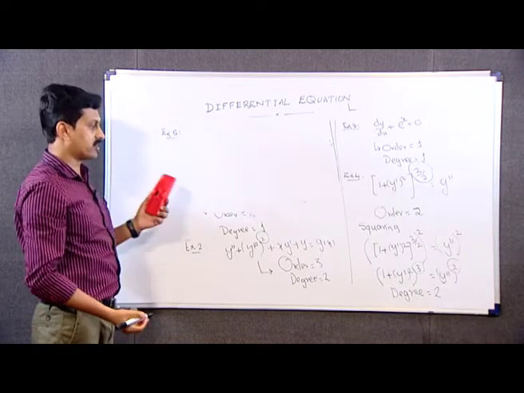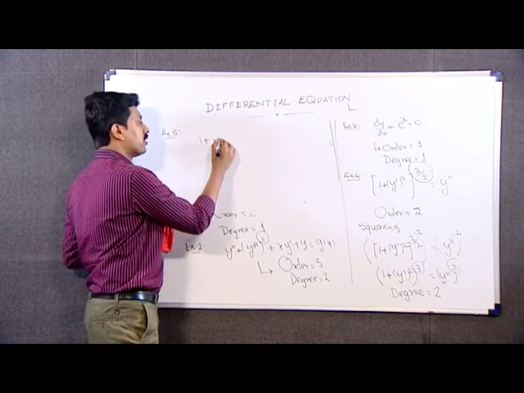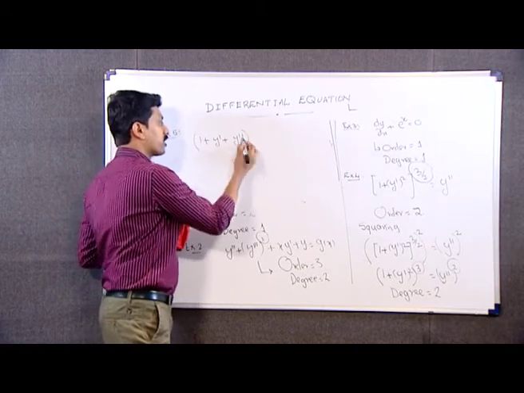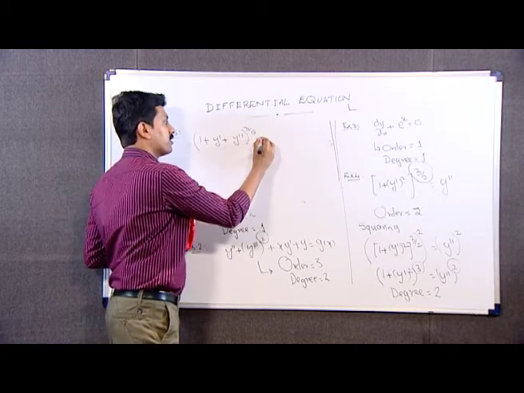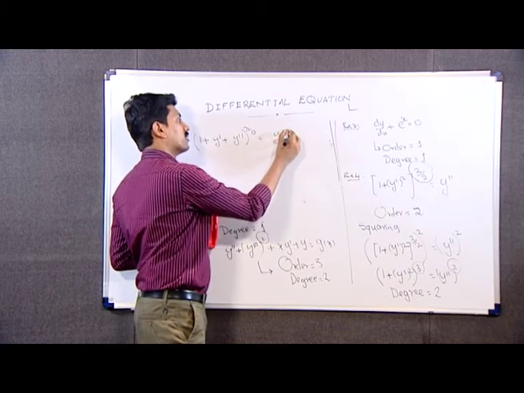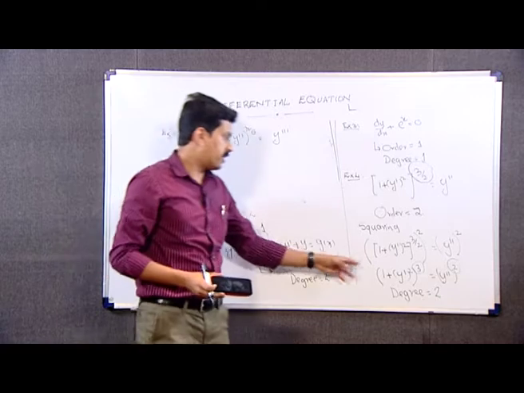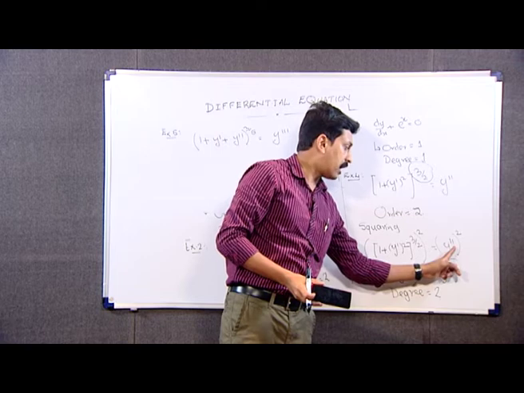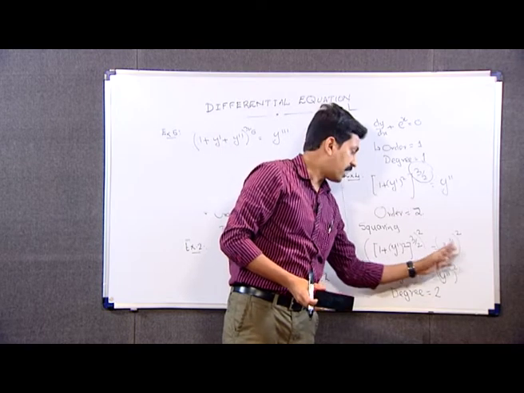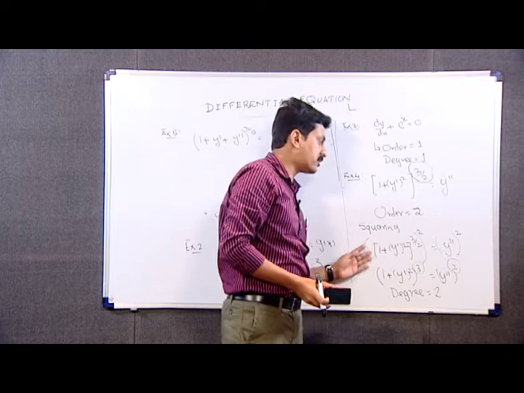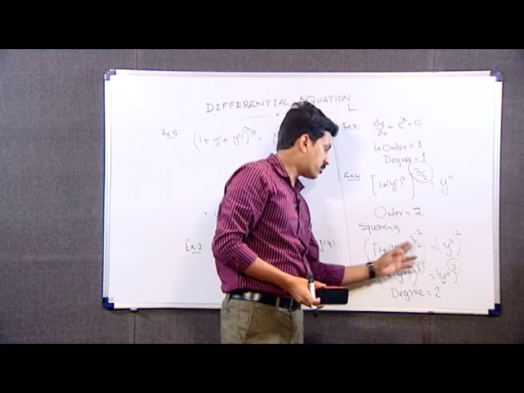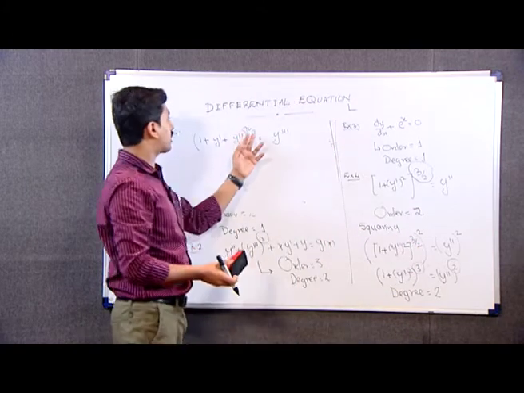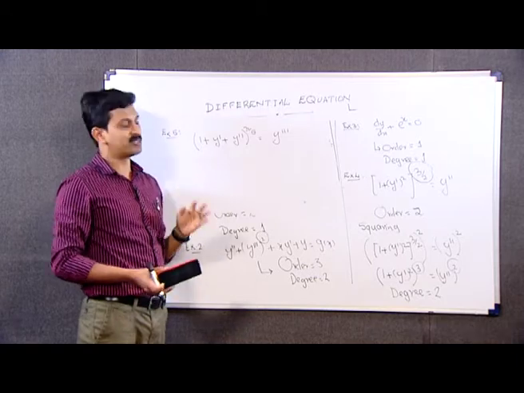See a differential equation: (1 plus y dash plus y double dash) whole raised to 3 by 5 is equal to y triple dash. See here, on the right side the highest order derivative came, and on the left side all the derivatives are of lesser order, and the left side has a rational power. We have to make all rational powers integer powers.